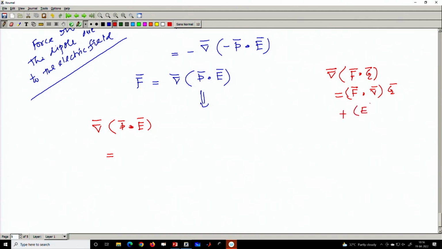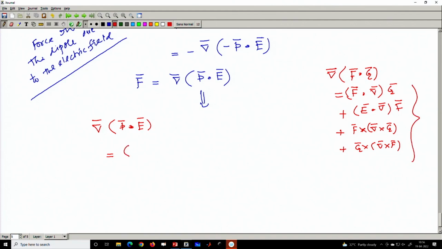It is F cross curl of G, plus G cross curl of F, plus F dot del operating over G, plus G dot del operating over F. This is not very straightforward, I must say, and we are going to use it here.